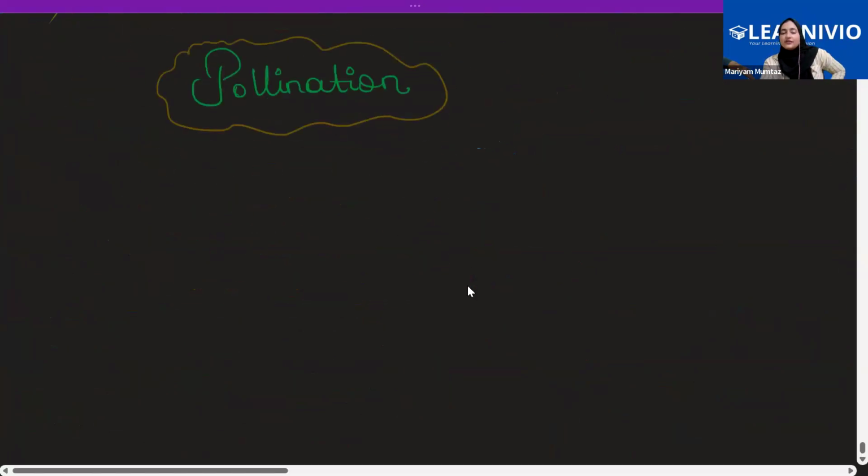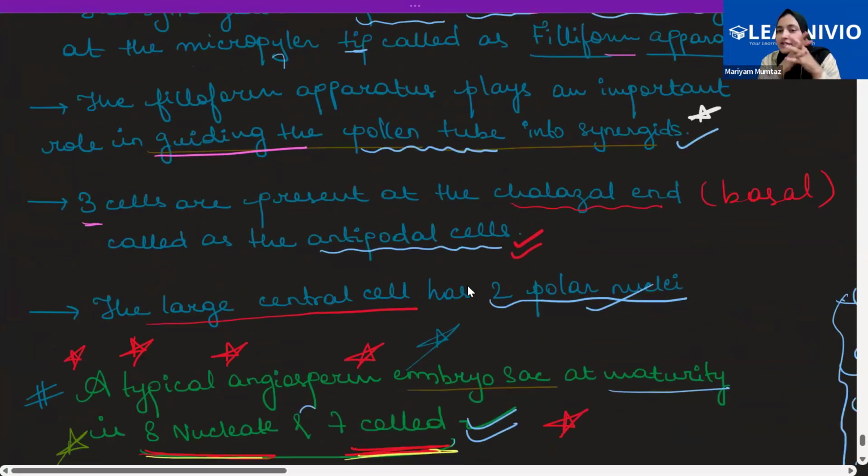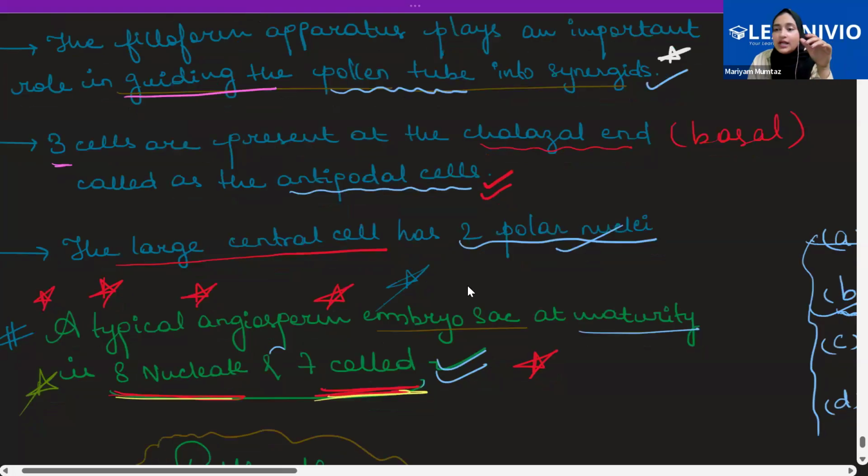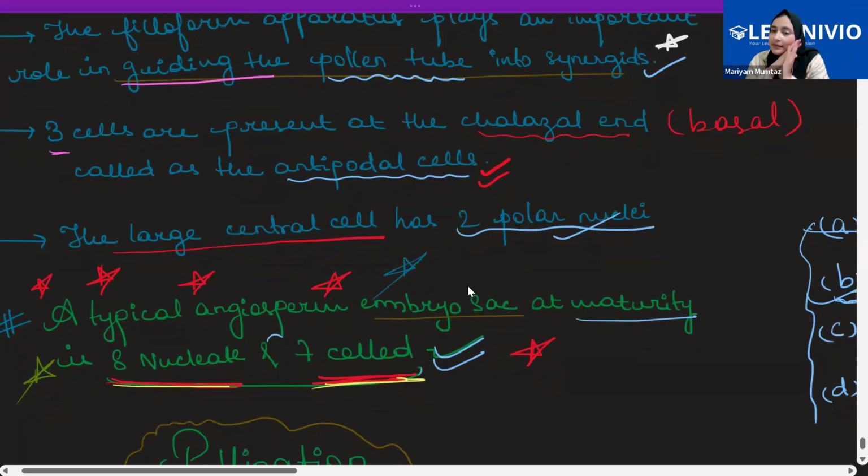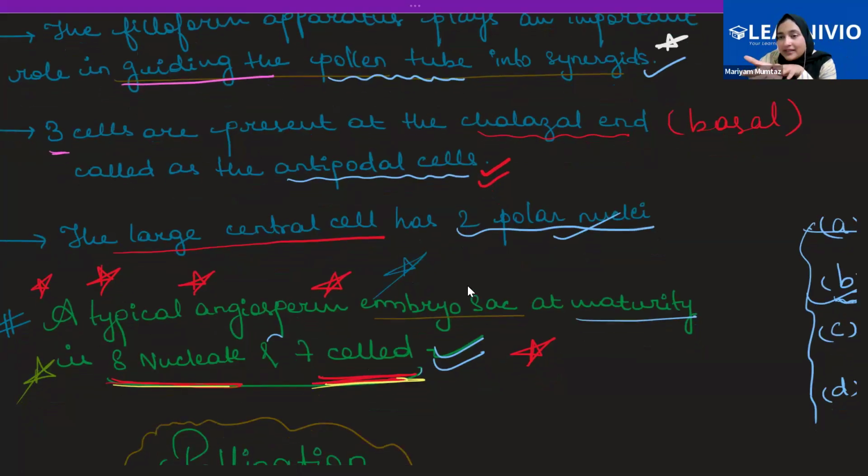Now the next thing that we have: all the pre-fertilization events that were taking place are done. Now the male gamete is made, the female gamete is made. Now what we need to do? We need to make the male and the female gamete meet each other for the purpose of fertilization. So the next topic that we are going to see is pollination.